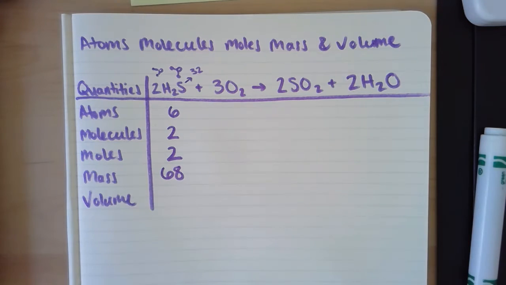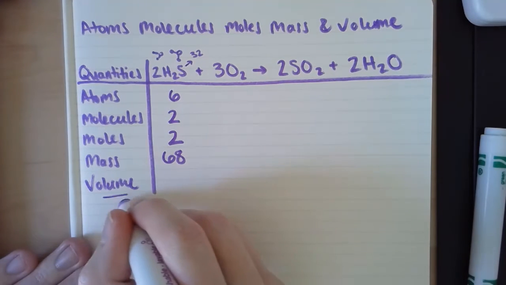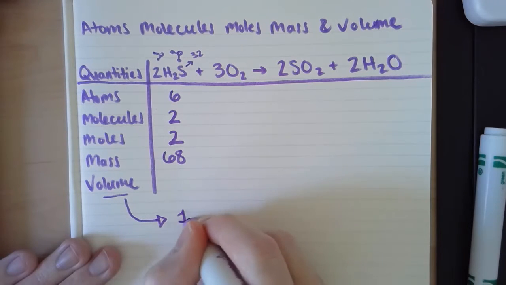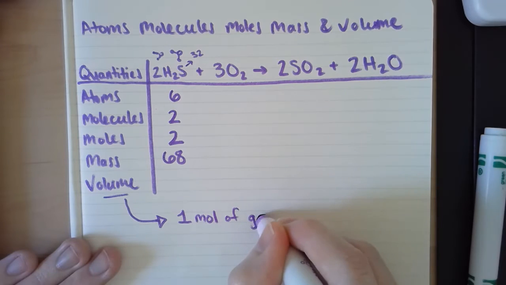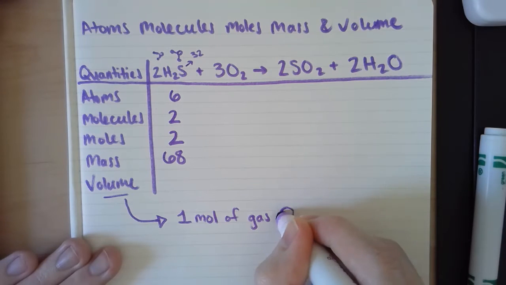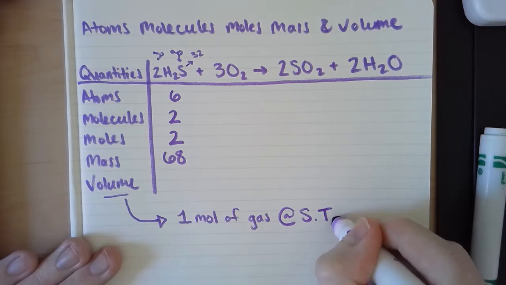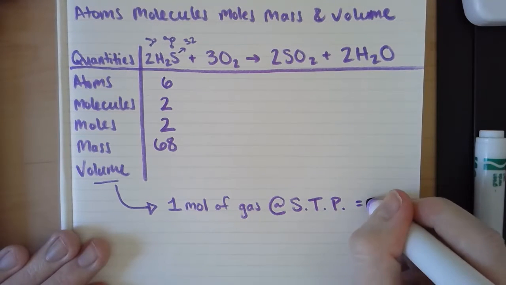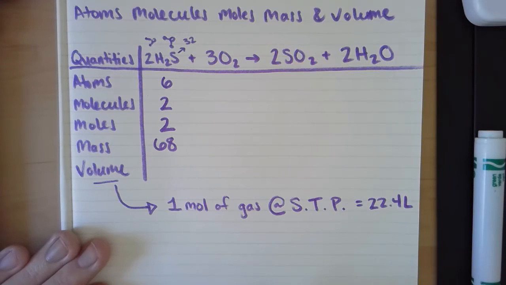Now the volume, remember from class a while ago, the volume is going to be: 1 mole of gas at standard temperature and pressure is equal to 22.4 liters. Okay?